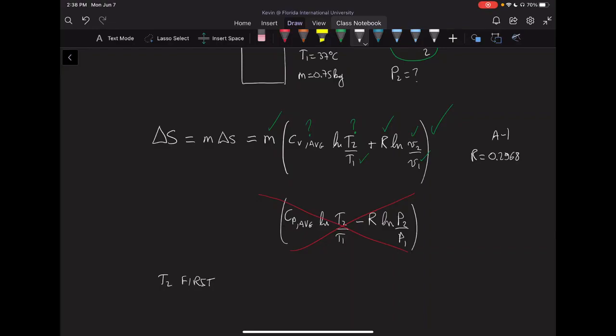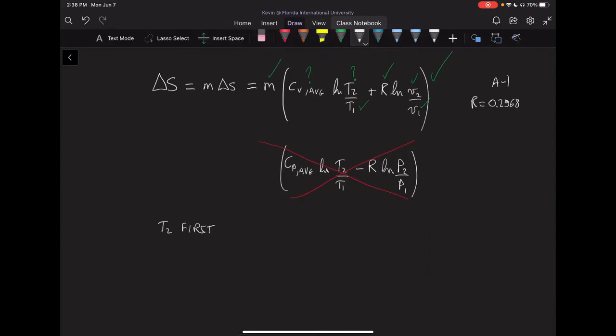So how do we find T2 for a polytropic process? Well, for a polytropic process, we need to apply our polytropic equations and solve our problem using that. If you remember, we have P1V1 to the 1.3 is equal to P2V2 to the 1.3. Using this relation and the fact that we have an ideal gas, we can substitute in values for pressure to find a relation between temperature and volume.